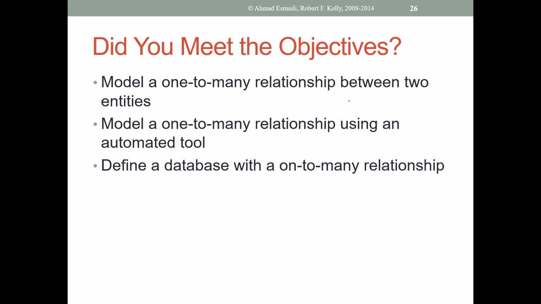Very briefly I explained different kinds of relationships on the basis of multiplicity: one to one, one to many, many to many. But the example that we took in this lecture was about a one to many relationship. And we even modeled that using the MS Access tool. Okay, so we are done.